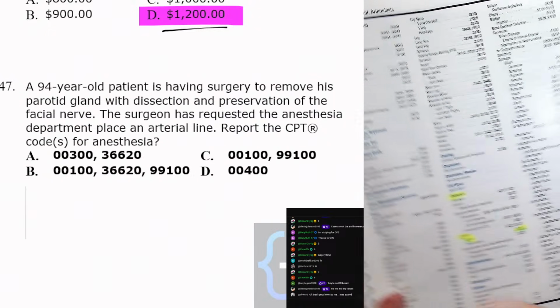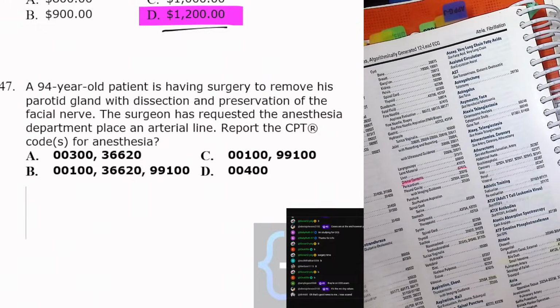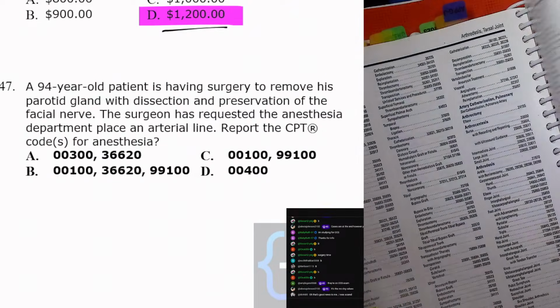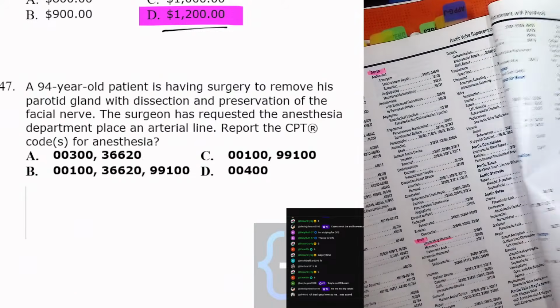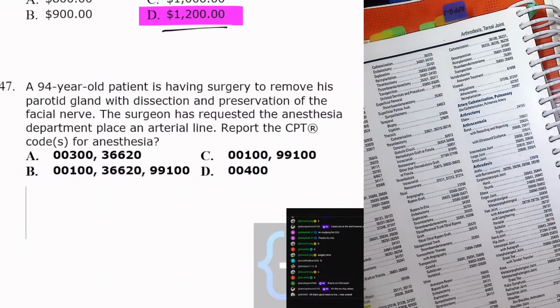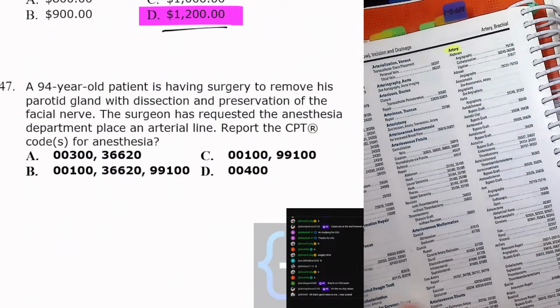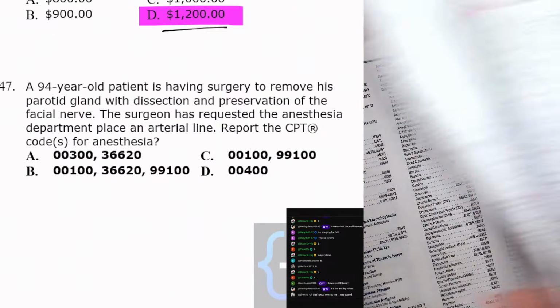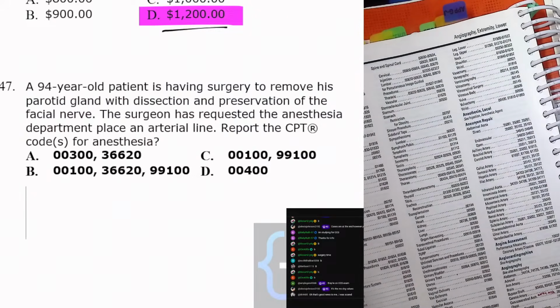All right. The cool thing about the back of the book in your alphabetical index is that there is a lovely anesthesia section. If I could spell anesthesia, let me get there.